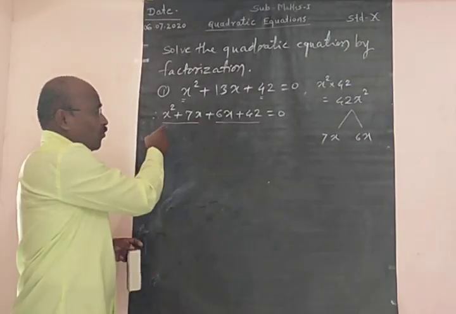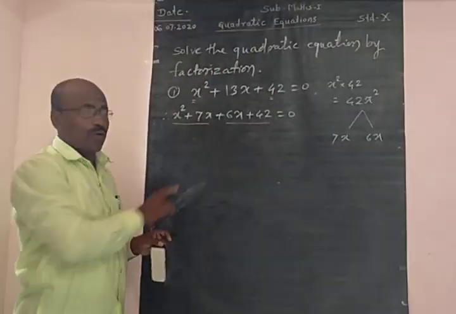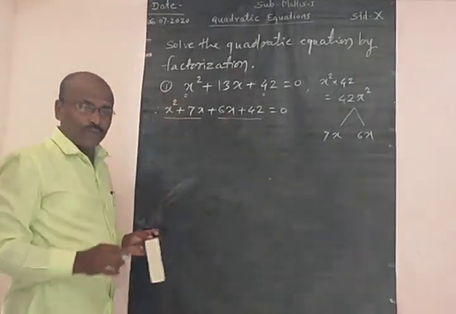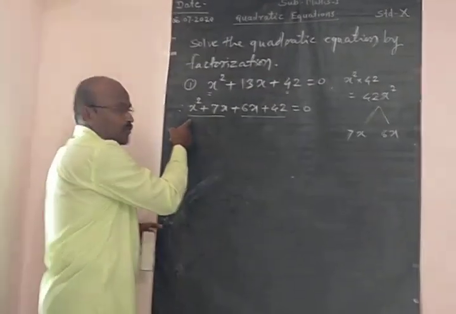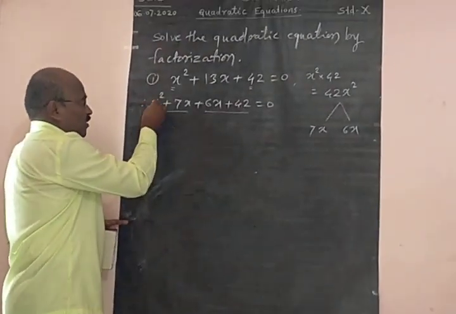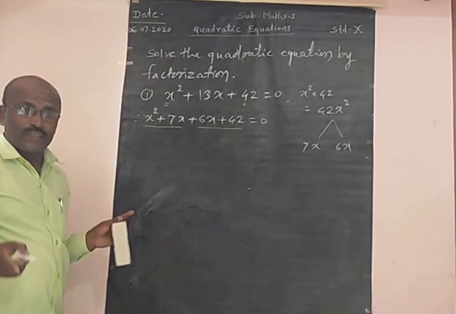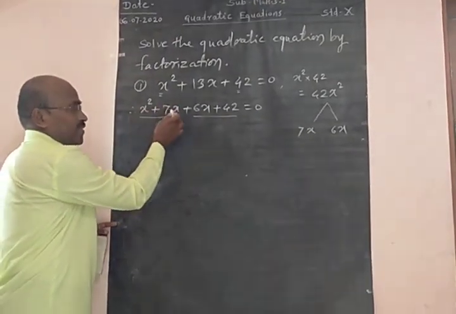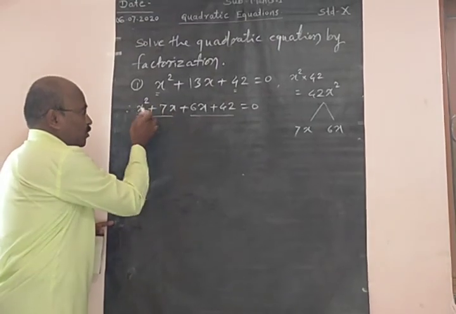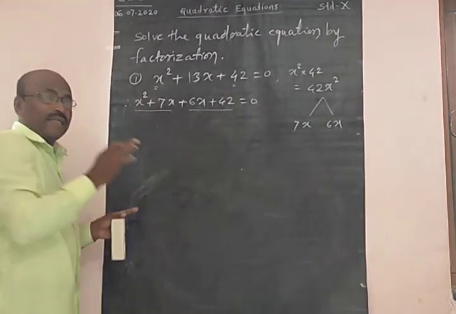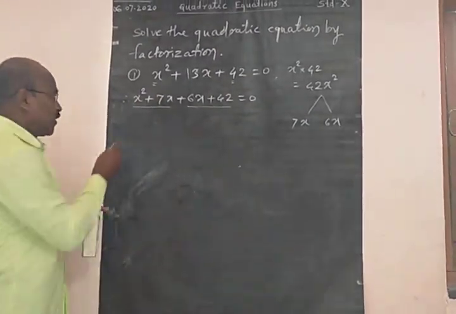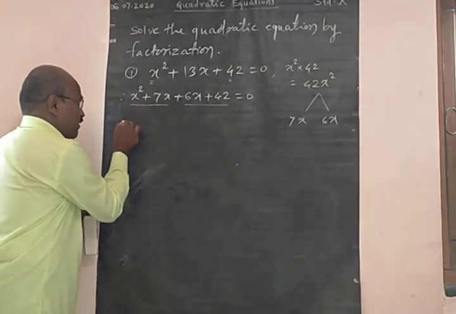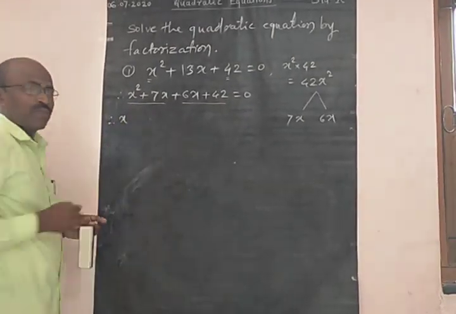Now we have to find the common factors from these two groups. In the first group, in the first term there is no coefficient. So here x square and here x. These two terms are divisible by x. Therefore, in the first group, x is the common factor.